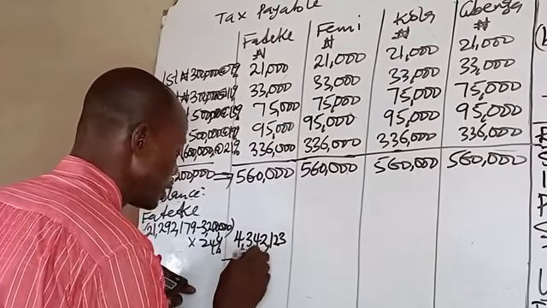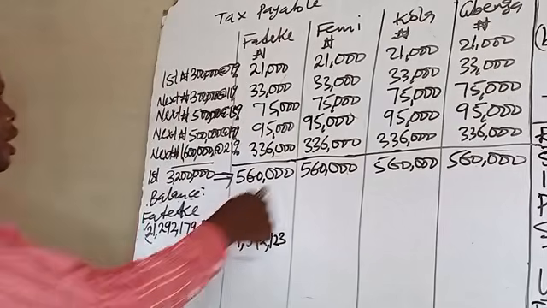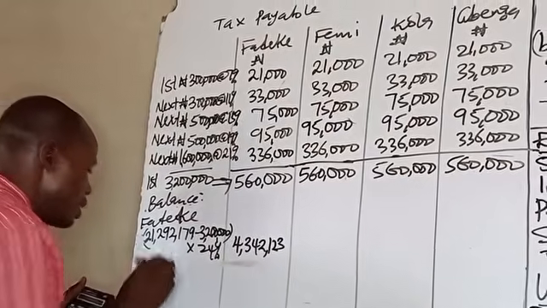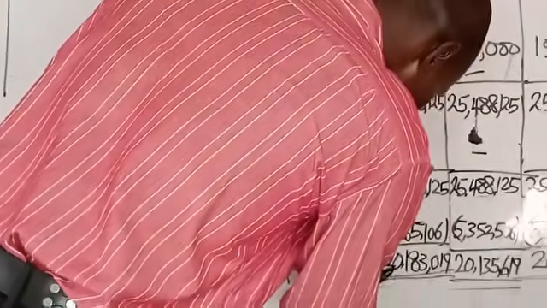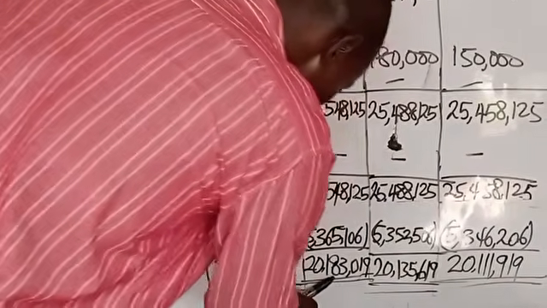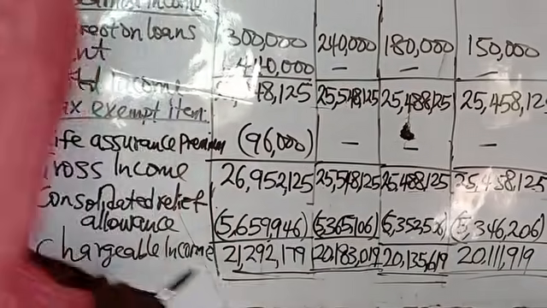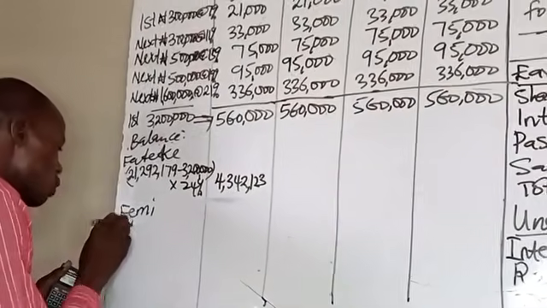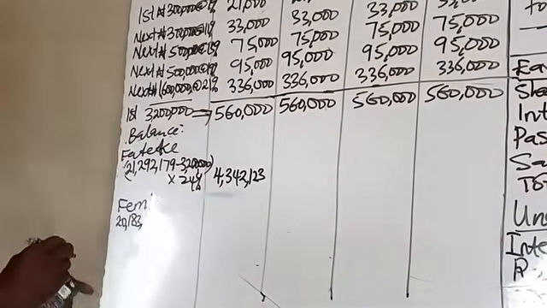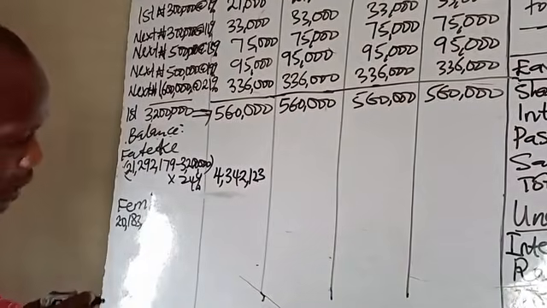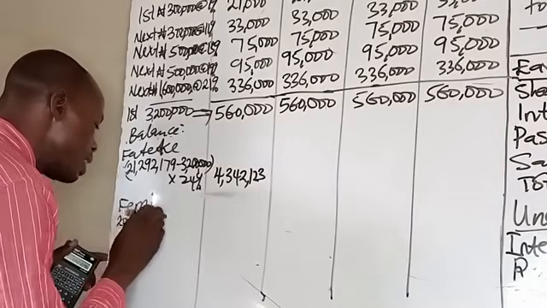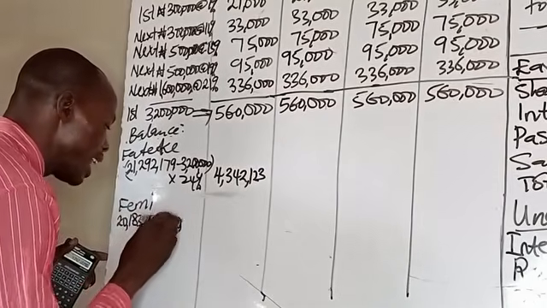If you add it, okay, for Femi is the next person. The chargeable income of Femi is 20,183,019 minus 3.2 million which has been taxed earlier.